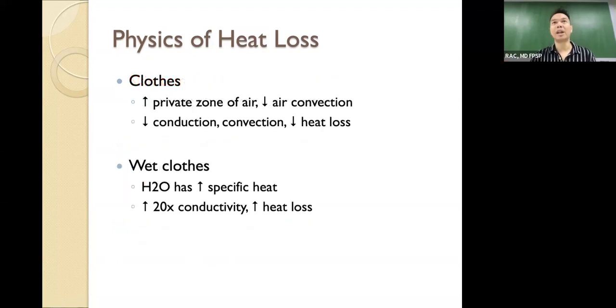Now, clothes will alter the rate of heat transfer from our body to the environment. So clothes typically increase the private zone of air around our body, and this will reduce air convection. So this will reduce convection, and it will reduce heat loss. But of course, this will now depend on the material of the fabric and the design of the fabric.